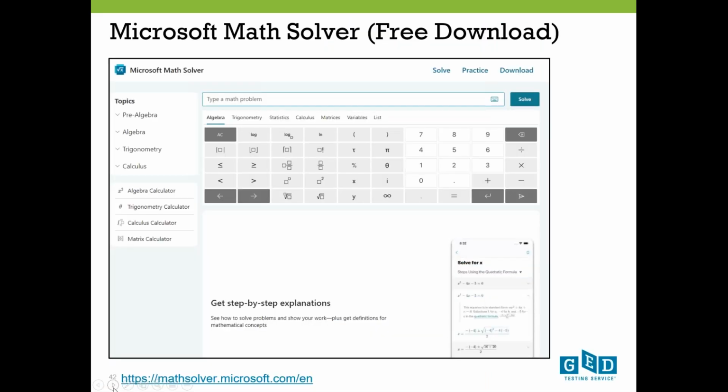And here's another one. This is free. It is from Microsoft. It's called the Microsoft Math Solver. You can download it not only to your PC, but it also comes in a form where you can do it on your phone. And students can input a problem and it will solve it for them and give them the steps.